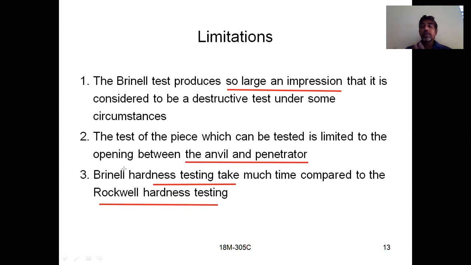Whatever gap there is between the anvil and the indenter, that much specimen size can be accommodated. If the size is more, we are unable to accommodate it. Third, Brinell hardness testing takes much time compared to other methods; finding the BHN number takes much time compared to Rockwell values. These are the three limitations of a Brinell hardness test.